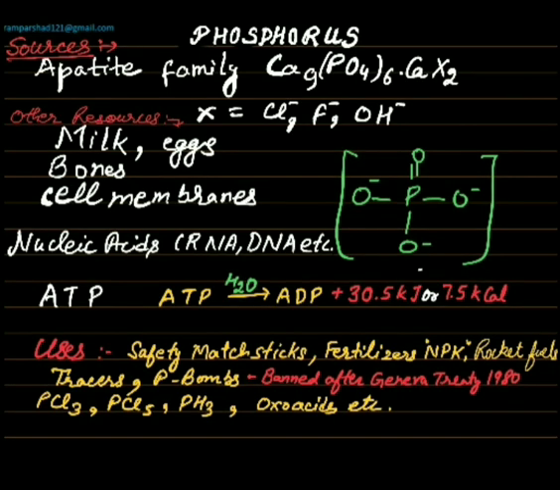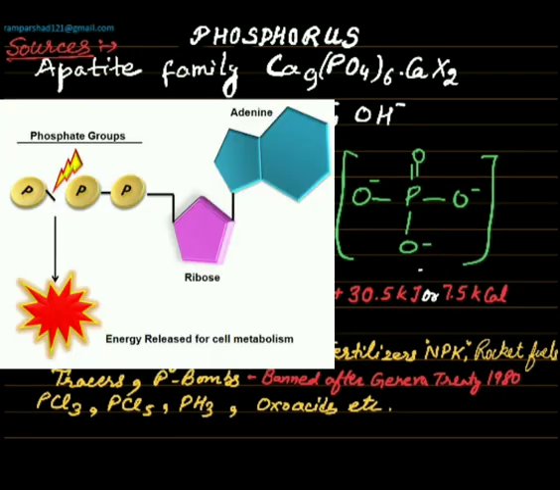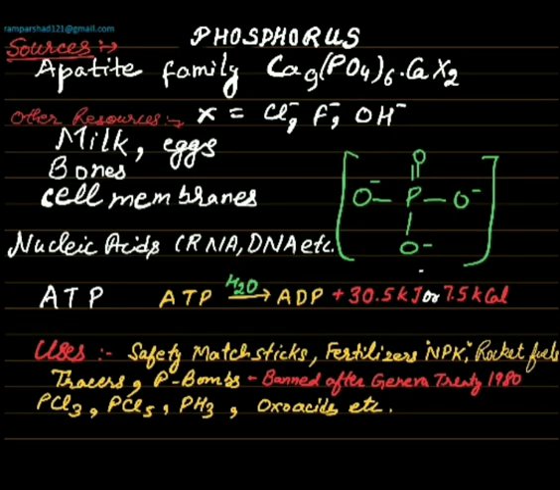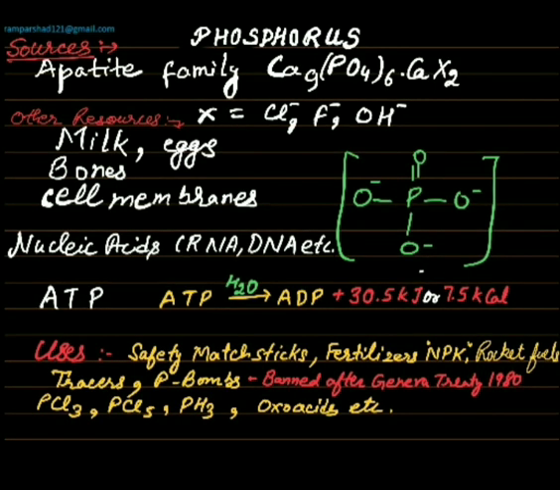We have also heard that ATP is the currency of energy at the cellular level. So energy is stored in the form of these phosphorus-containing phosphate groups. When 1 mole of ATP converts into ADP by hydrolysis, there is a release of 30.5 kilojoules of energy.